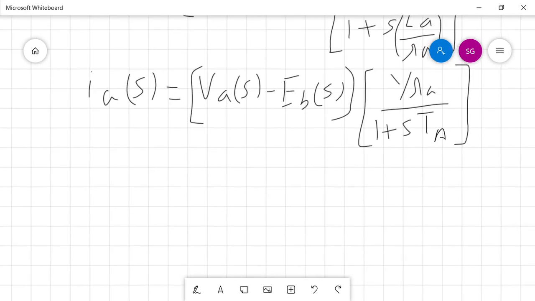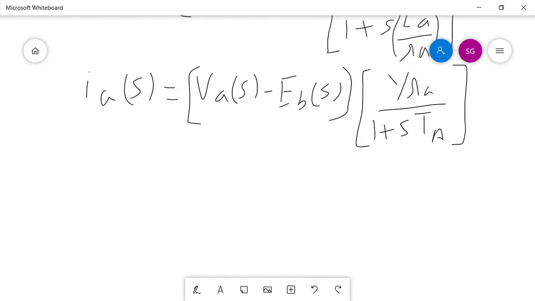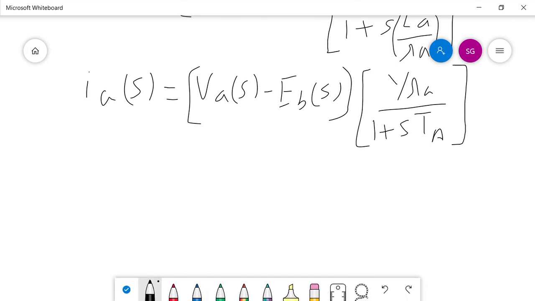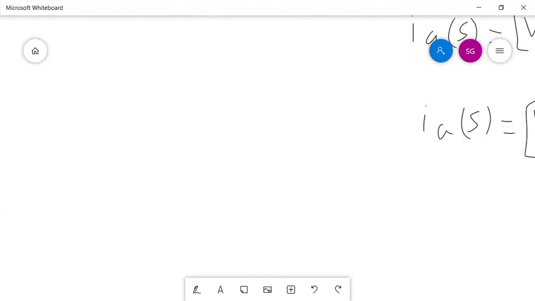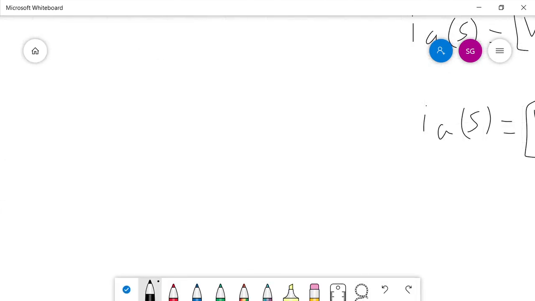If you take the Laplace inverse of this, it will become a decaying function. What does this mean? This means a function that is decaying with time.